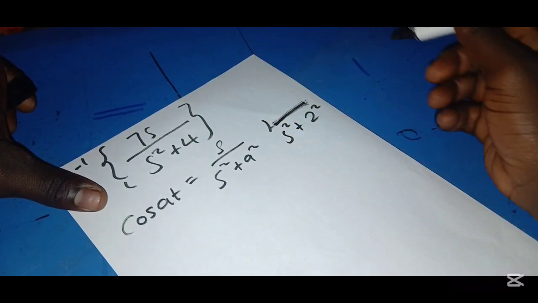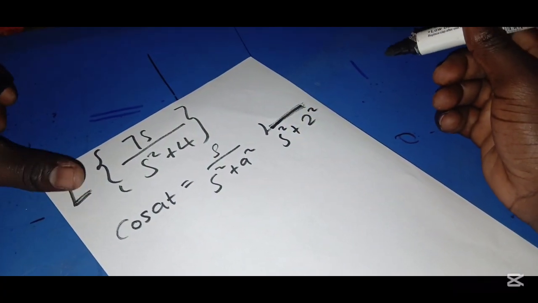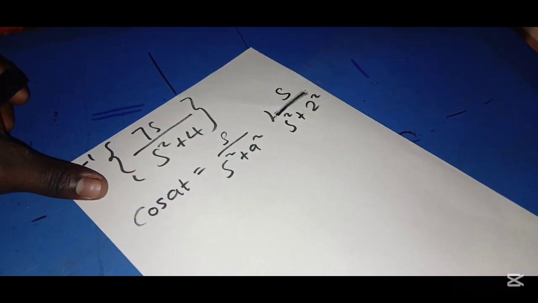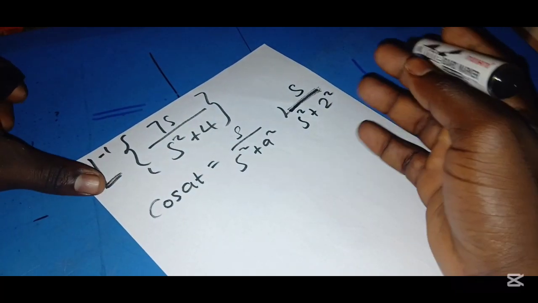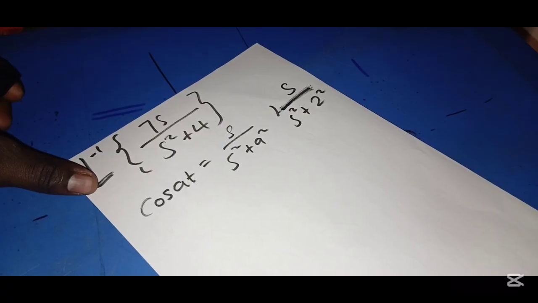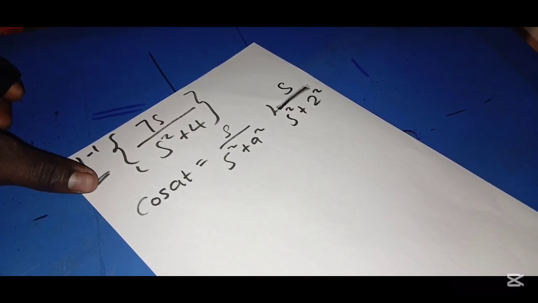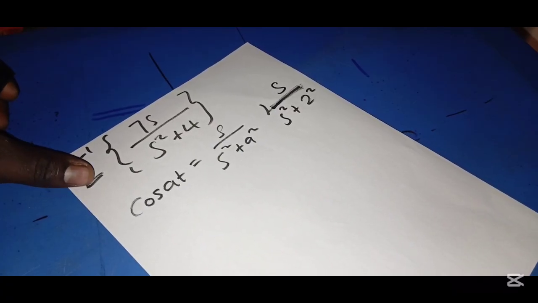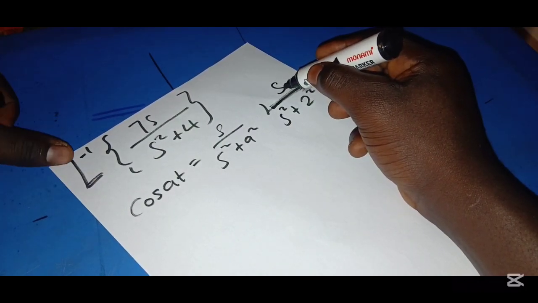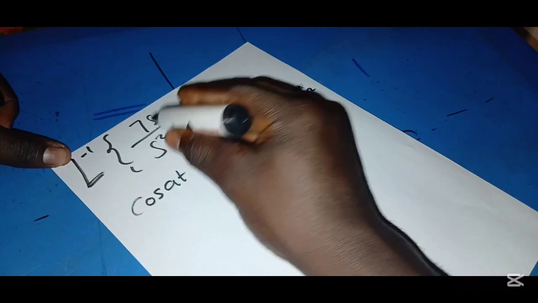Let me analyze my numerator. My numerator is supposed to be only s, right? By now it is 7s. You could just see straightforwardly that there was a constant which is 7. But assuming we don't know, we don't want to just guess it in that form. So it means that something was multiplied by my true numerator to give me a fake numerator, right?